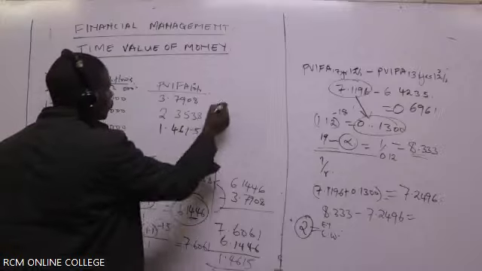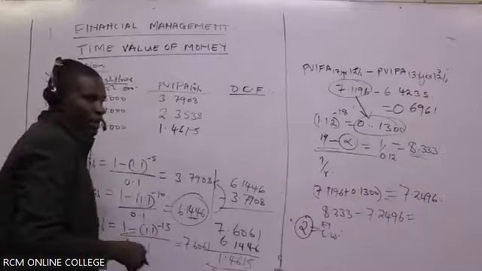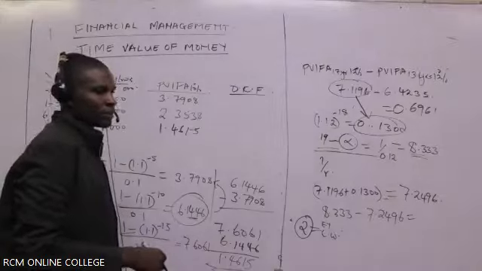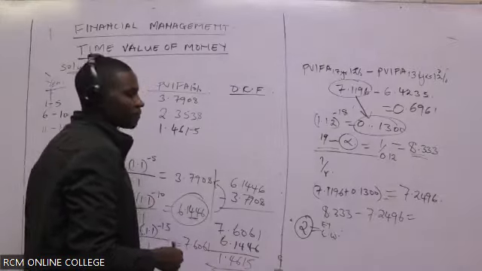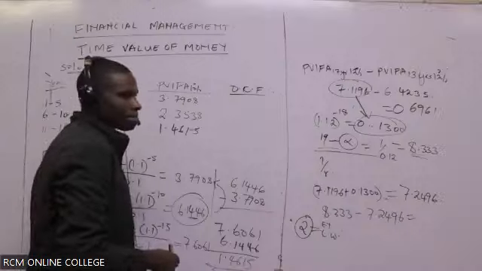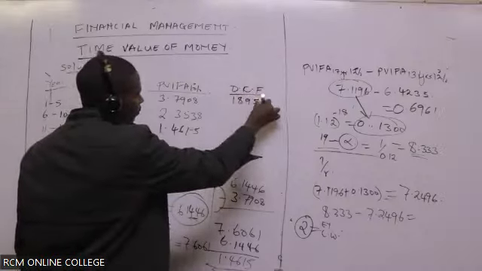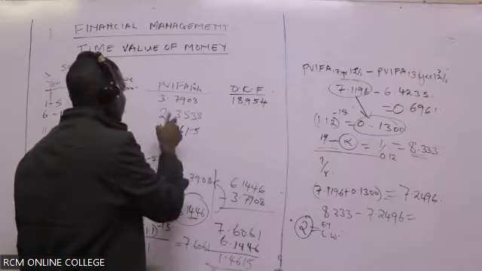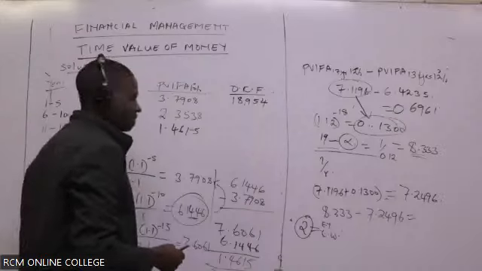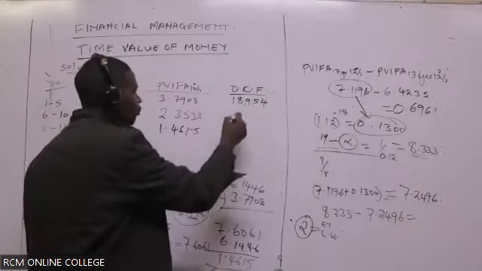So discounted cash flow, year one, this will be 5,000 times this. What do you get? As simple as that. 18,954. Then 9,000 times 2.3538. 9,000 times that, 21,184.2.